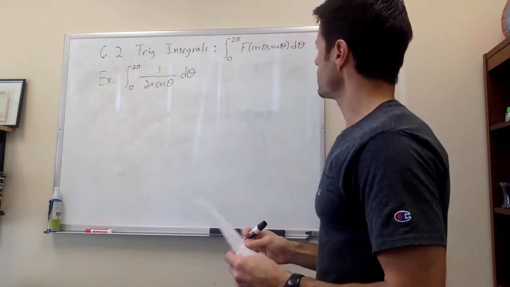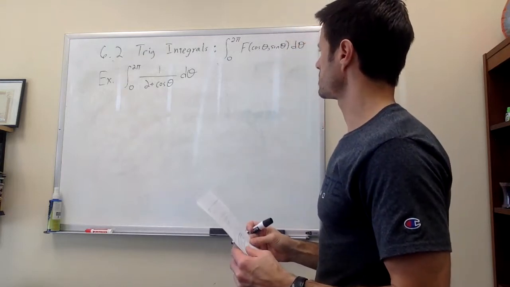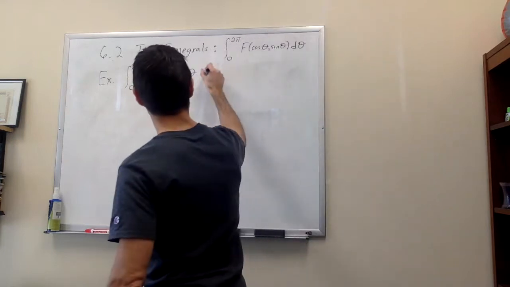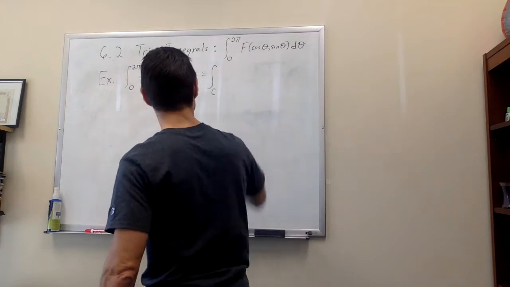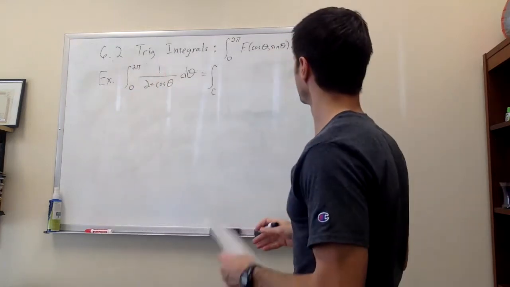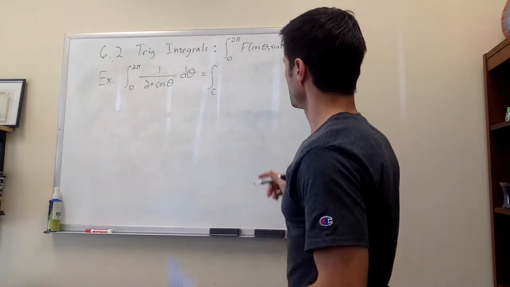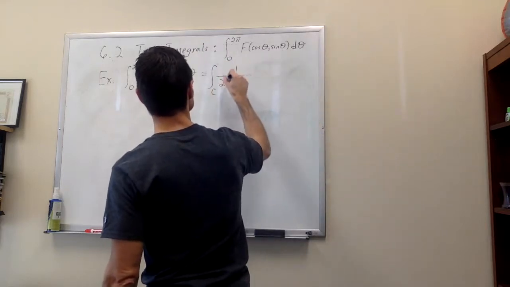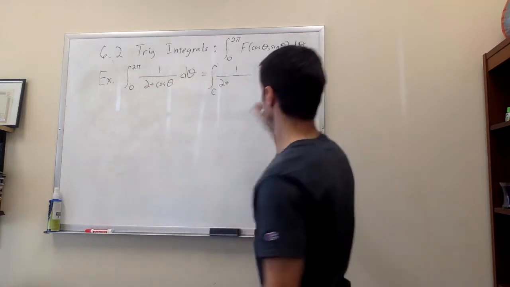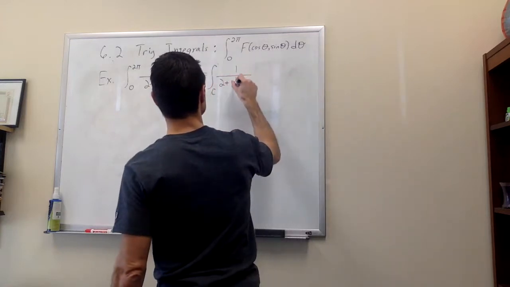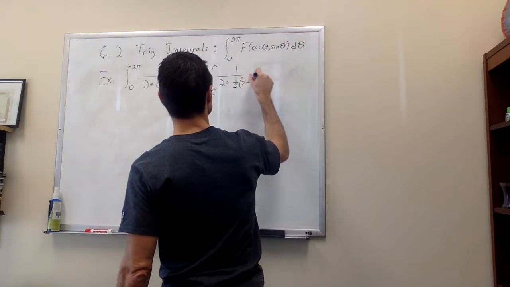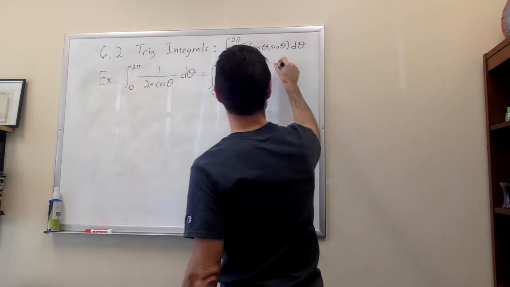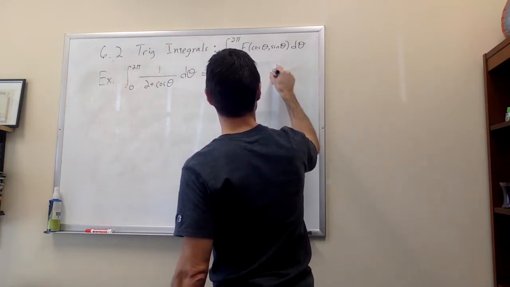Based on what we had written on the board, this is going to equal an integral over C, the unit circle, of 1 over 2 plus 1/2 of z plus 1 over z, and d theta was dz over iz.